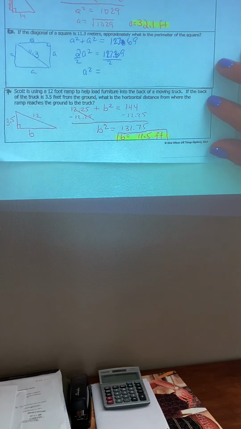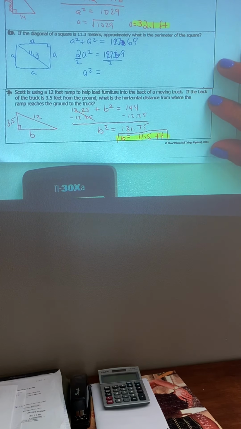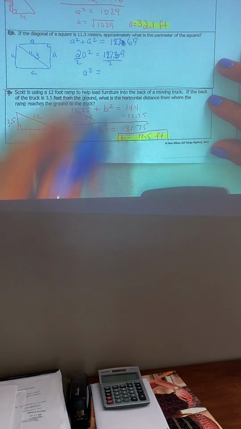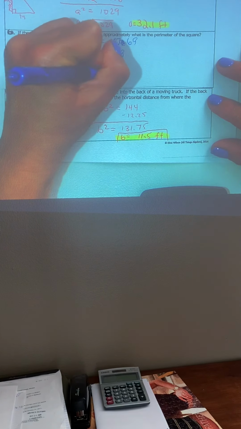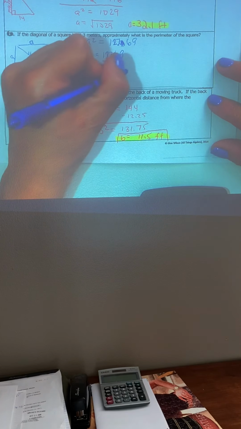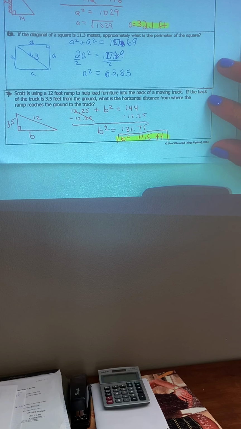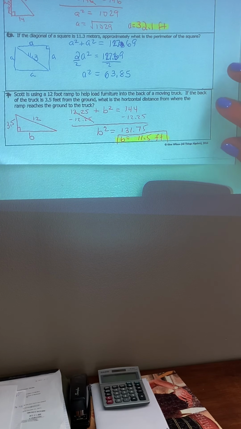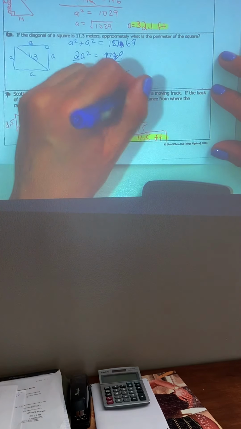So I get a squared equals 63.85. And then I have to take the square root of that, which is 8. Does that make sense? All right, I'm not thinking clearly, guys, so we'll just skip that. Don't worry about that one.